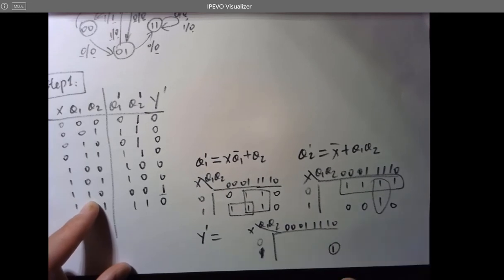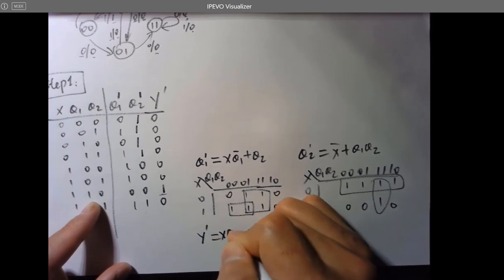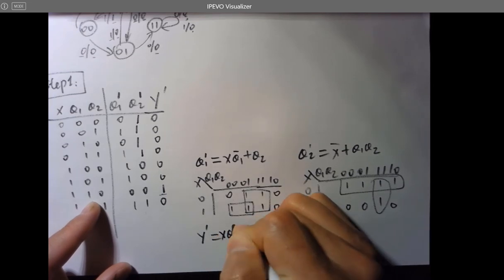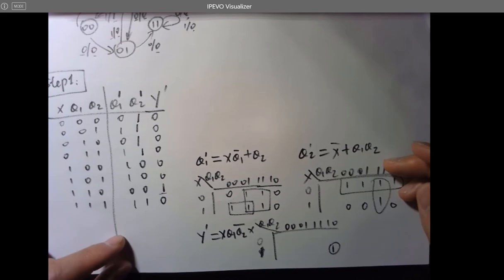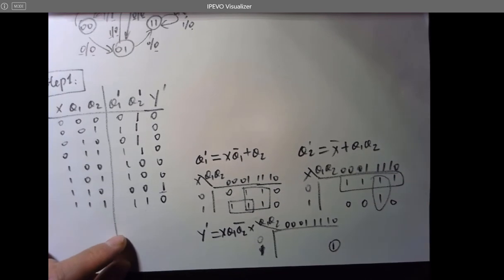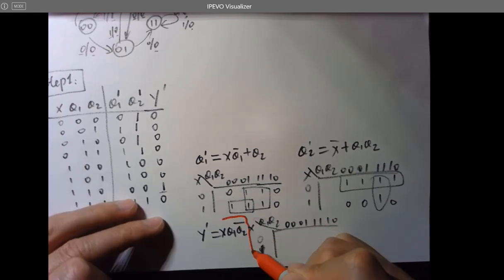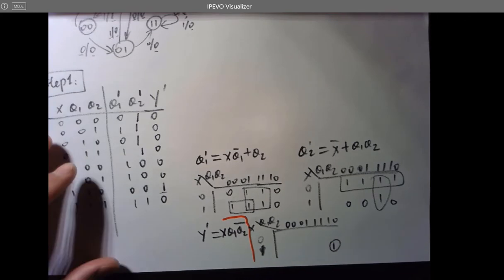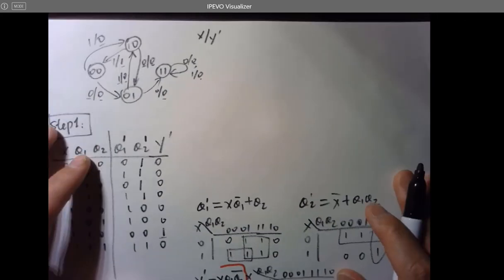Only one, so it's going to be X, Q1, Q2 naught. Okay, so that's Y prime. So now we have all these signals, and we know what they are.